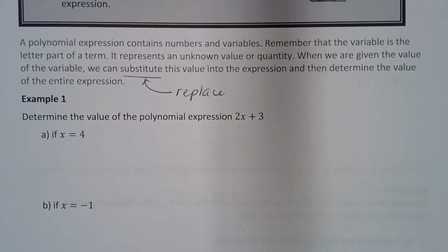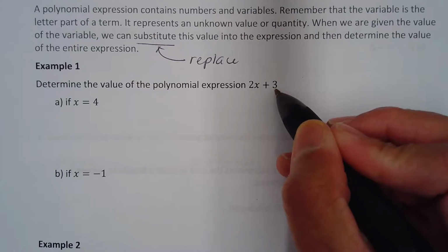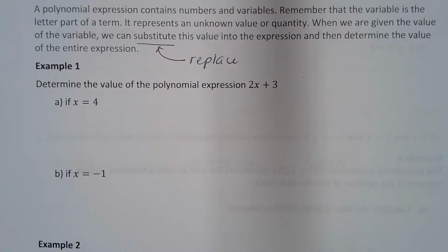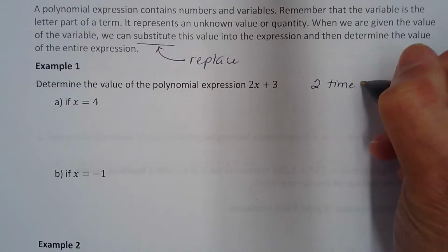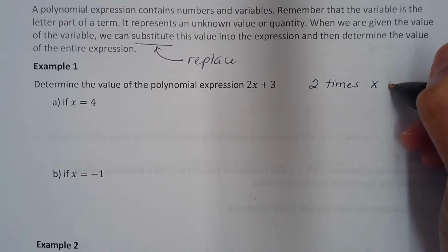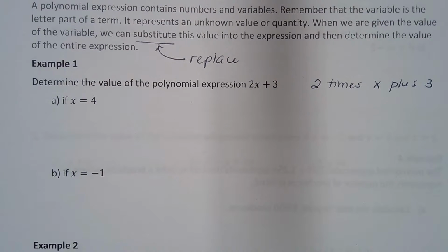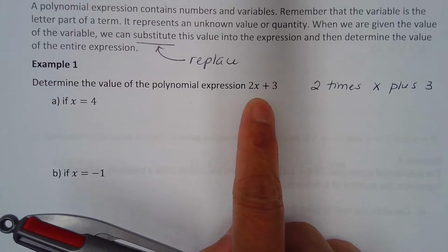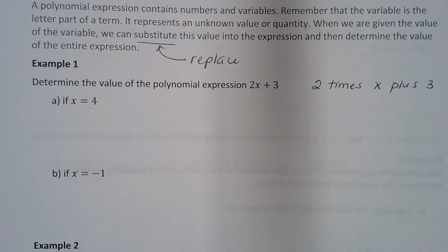Okay? So here's the expression, 2x plus 3. What does that mean, 2x plus 3? It means 2 times x, whatever that x value is, plus 3. Okay? So that's the expression. 2x means 2 times x plus 3. Now here's the thing.